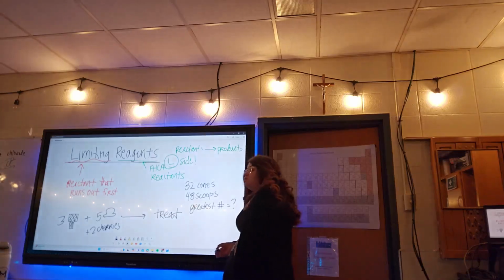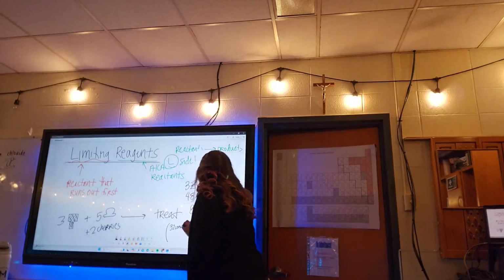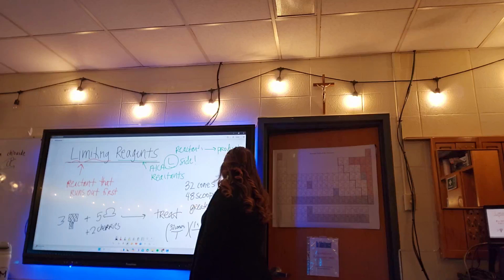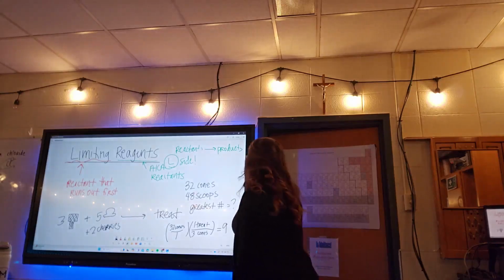Okay, so we would have to do stoichiometry. So 32 cones. In order to make one treat, what's the stoichiometric coefficient in front of the cones? 3. So 32 divided by 3 is a little bit less than 10, right? So that means we can make 9 full treats.